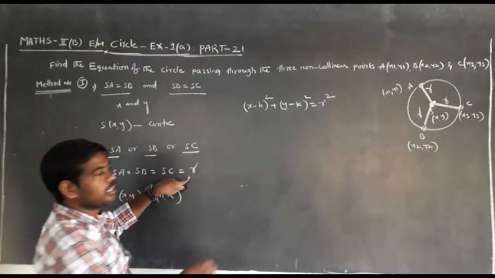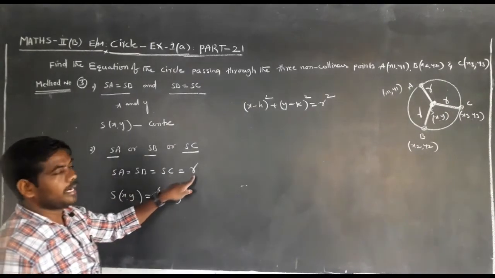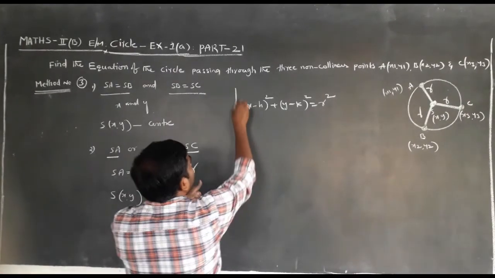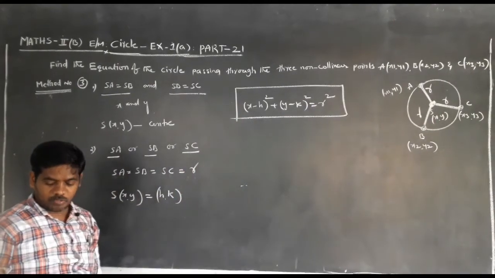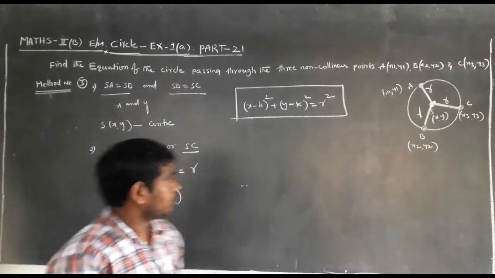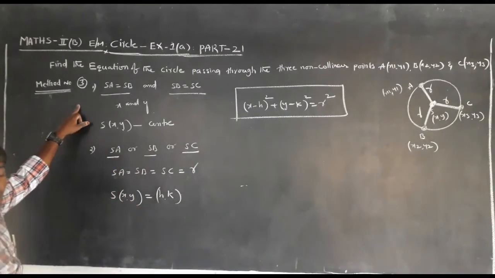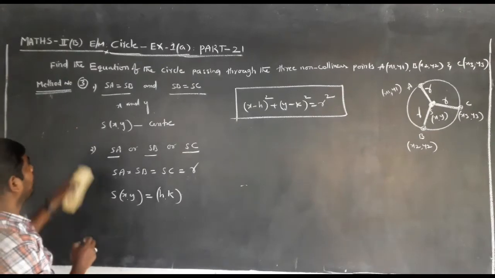With center (h, k) and radius r, the equation is (x - h)² + (y - k)² = r². This is the third method for finding the equation of the circle passing through the three non-collinear points.